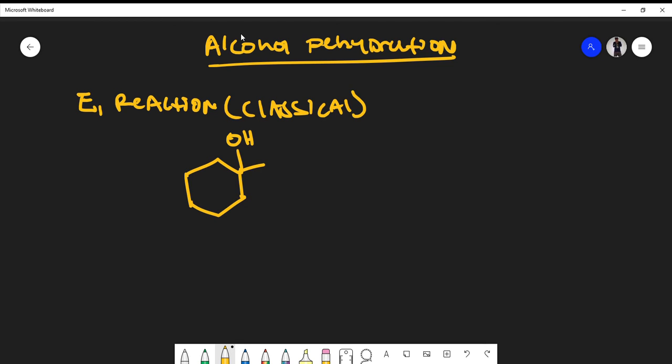If we take any alcohol, in this case, this is an example. If you take any alcohol and you put it in any acid, so in this case we're going to use sulfuric acid, but this could be hydrochloric acid, hydrobromic acid, hydroiodic acid, any sorts of acid, we actually get the alkene.